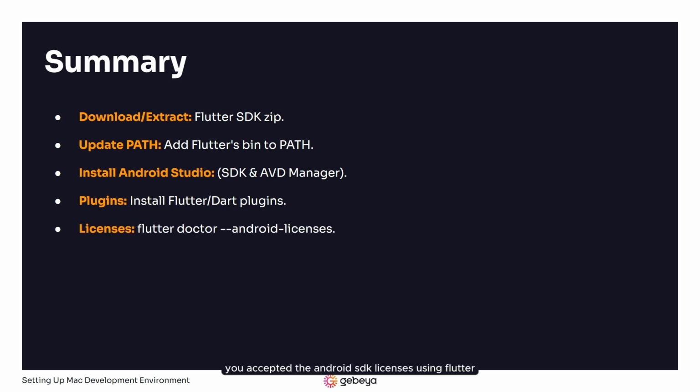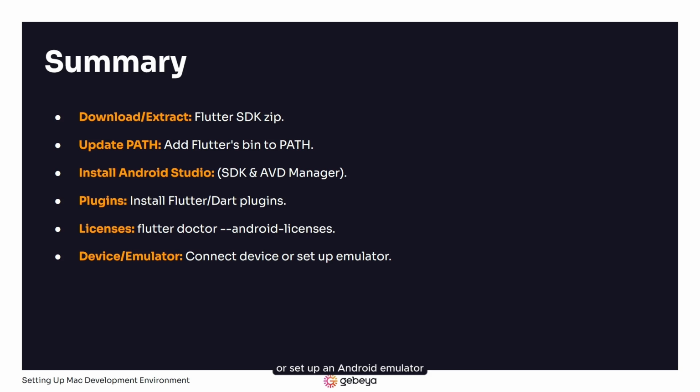You accepted the Android SDK licenses using flutter doctor --android-licenses. You connected a device with USB debugging enabled or set up an Android emulator. Finally, you ran Flutter Doctor to verify your environment and fix any reported issues.